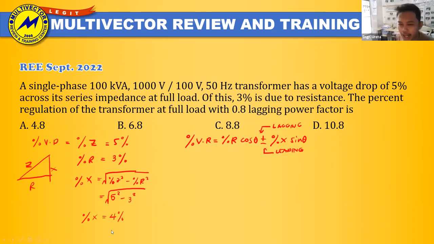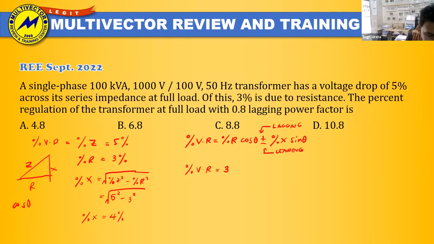Since meron na lahat yan, direct formula lang. Our percent voltage regulation is just equals to, since percent resistance na yung gagamitin, percent voltage regulation na agad yung lalabas. So 3 cosine, hanapin muna natin yung theta. Power factor is just equals to 0.8 or cosine power factor angle.